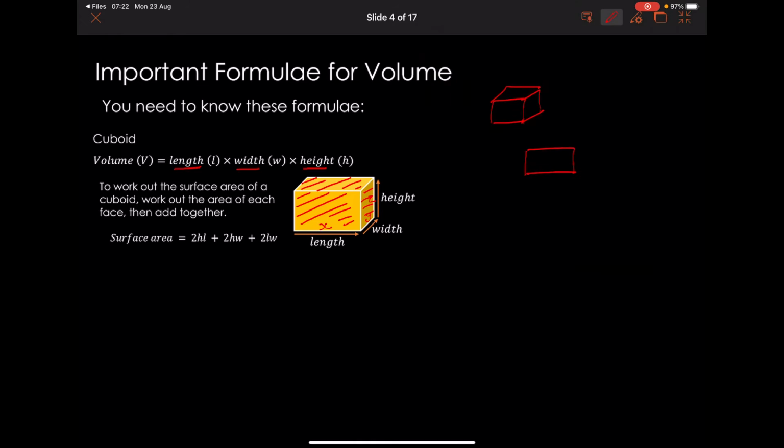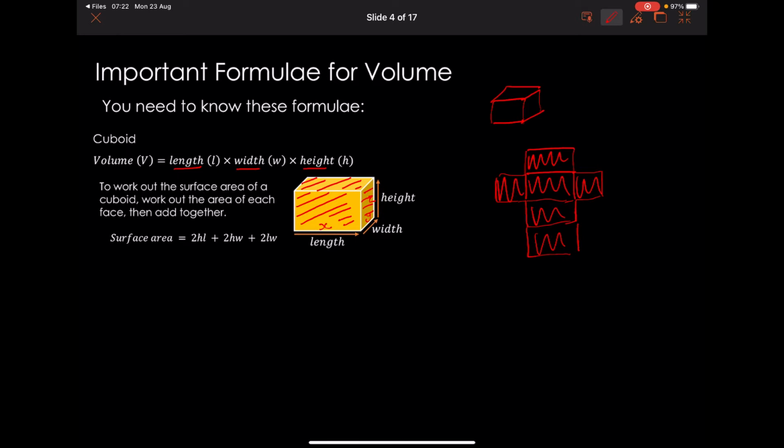I'd have one side, I'd have a base, I'd have the other side, and I'd have a lid. I would also have two sides on the width side. When we find the surface area, we work out all of these areas and then we add them together.